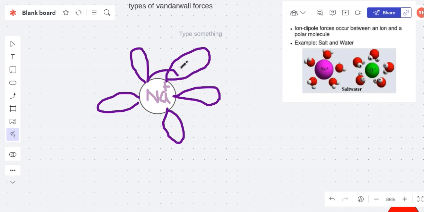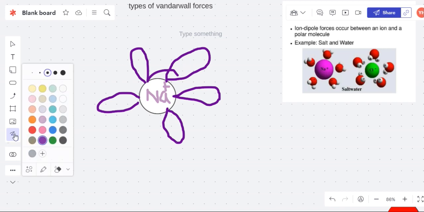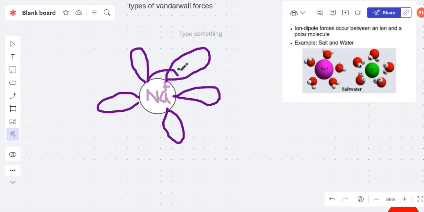Let's take another color for explaining it. For example, this is an atom of oxygen which has a partial negative charge, and this is hydrogen, which is positive in nature. Oxygen is more electronegative in nature, due to which it has positive and negative charges. So hydrogen has a partial positive charge and oxygen has a partial negative charge.